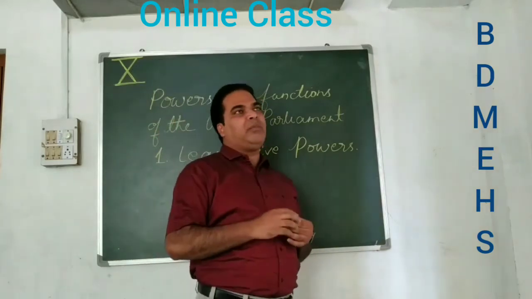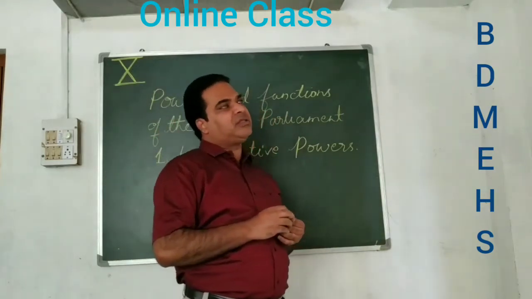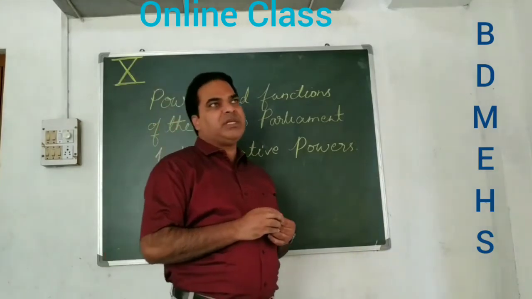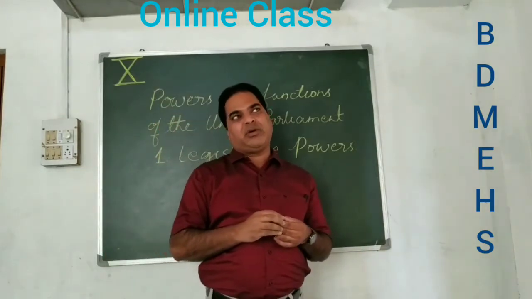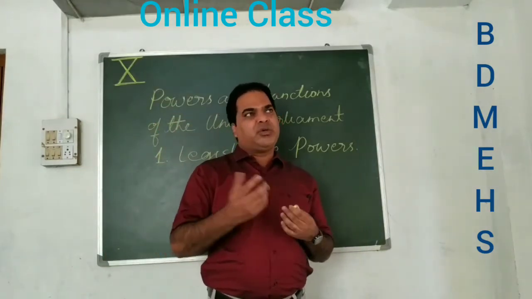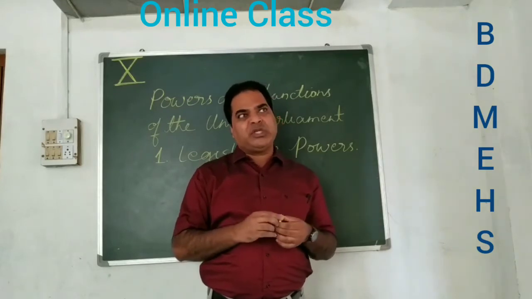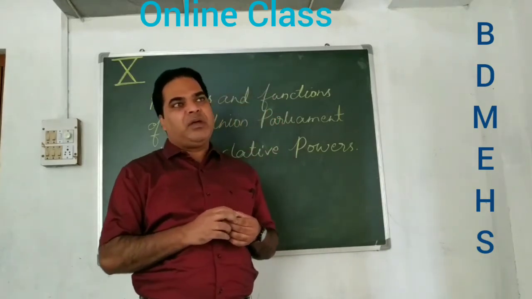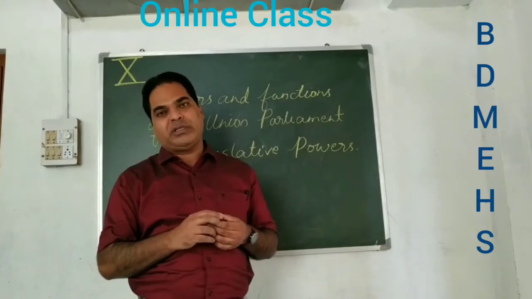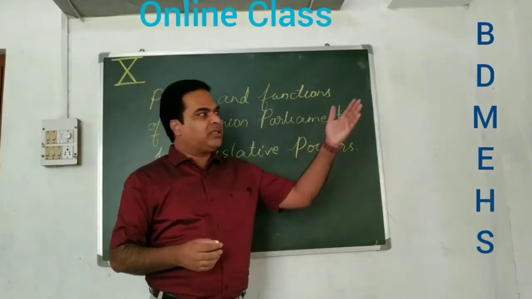So that is all about the Union list and the concurrent list. Union list has 97 subjects. Concurrent list has 47 subjects. Concurrent list subjects are like education, wildlife, marriage, electricity, forest, and many more. So here is the list I have given over here.